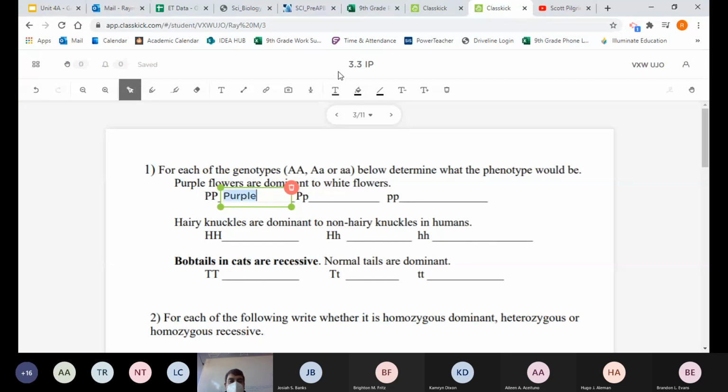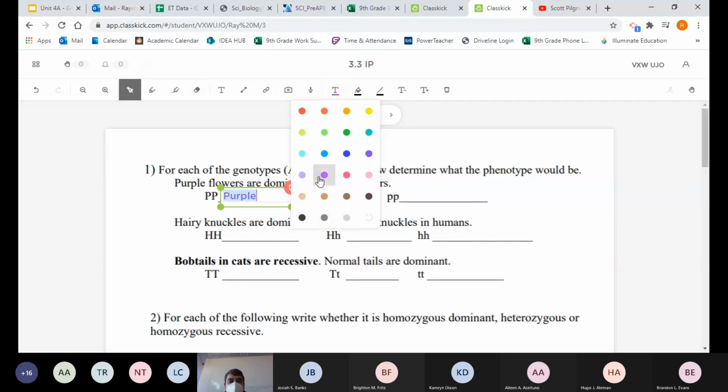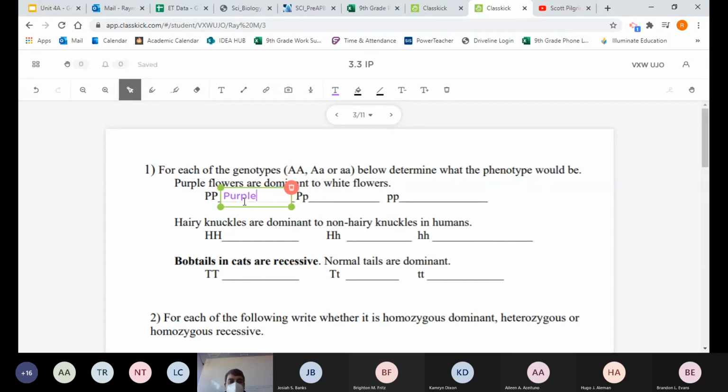You know what? Let's be fun. Let's make this purple. Let's go for it. Look at that. Oh man, it's great. Purple. Now here we have a heterozygote. What that means is we have one capital letter, one lowercase letter. What trait is going to be expressed with one dominant and one recessive allele?